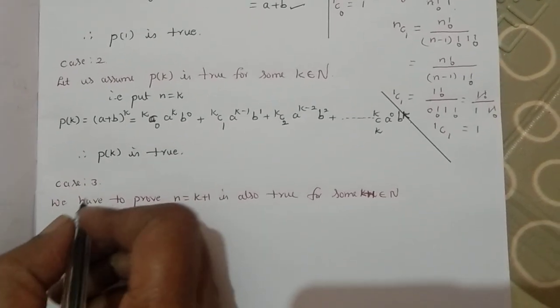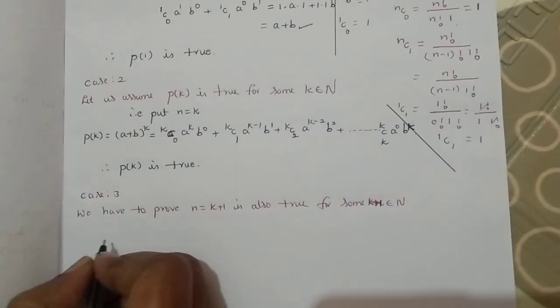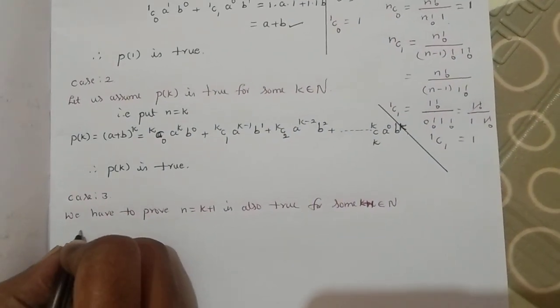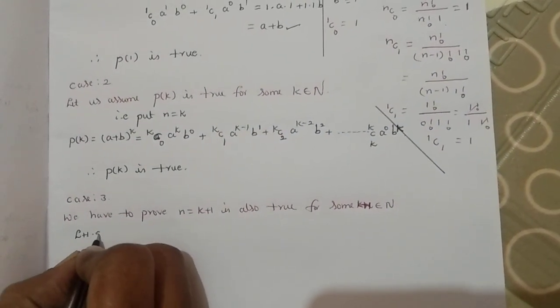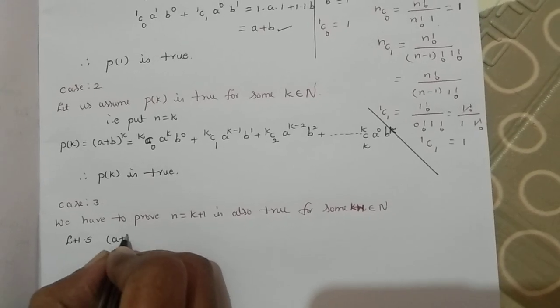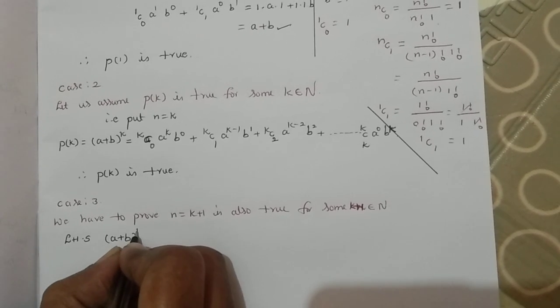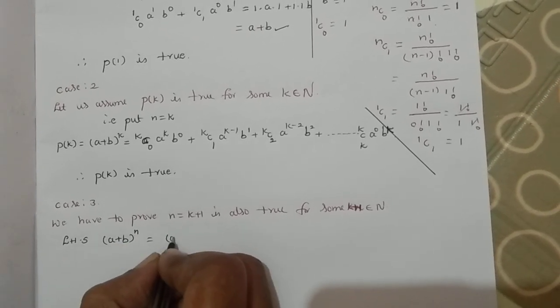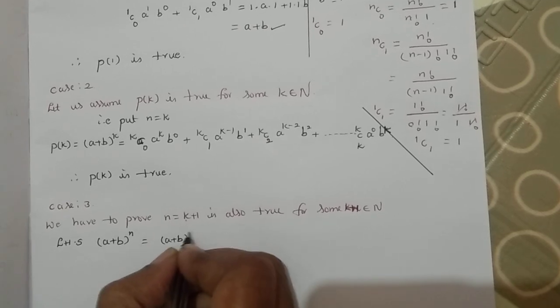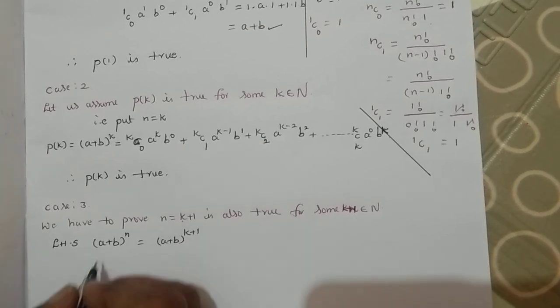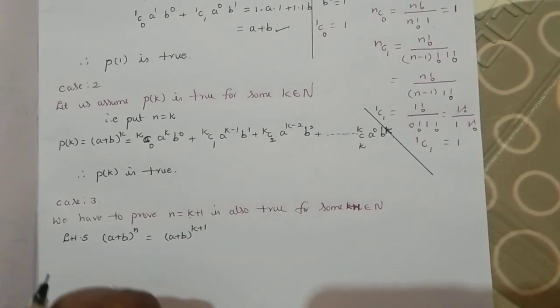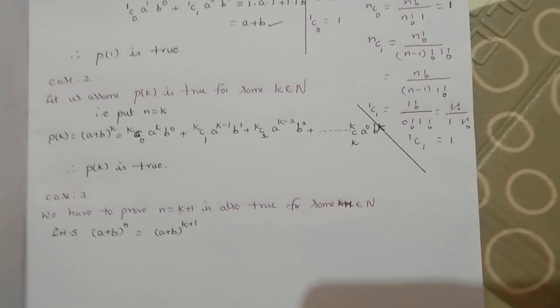According to the statement, what is there in the left hand side? We have (a + b)^n, which we take as (a + b)^(k+1). In place of n we have substituted k plus 1.